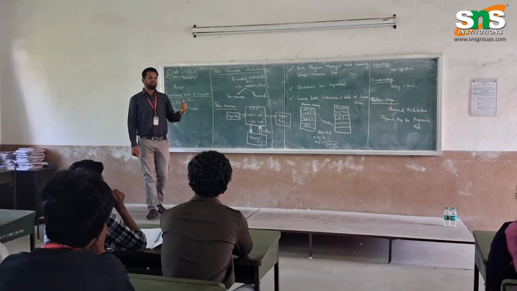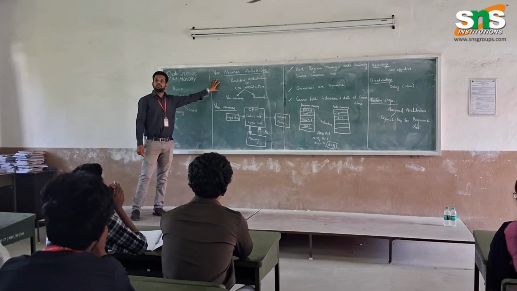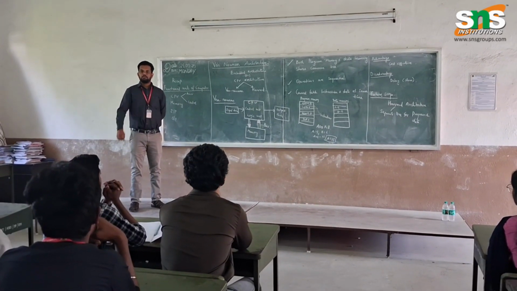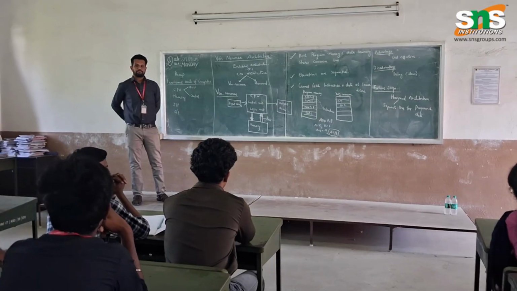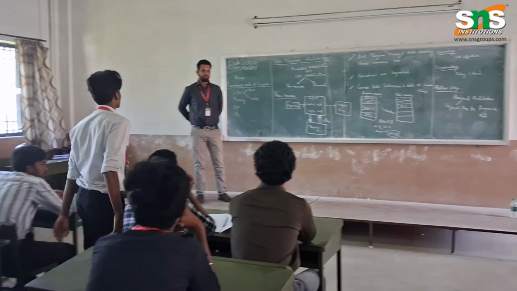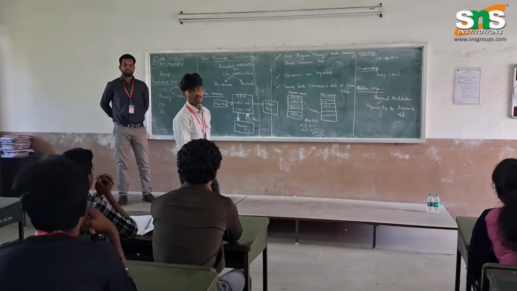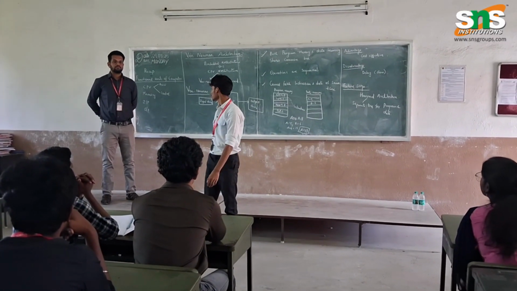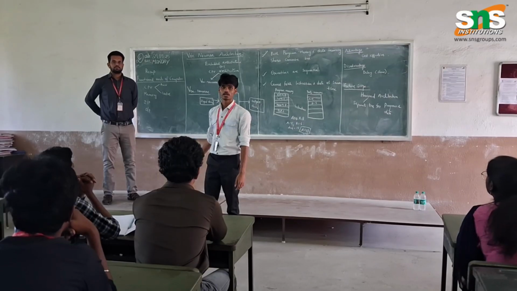Okay. So before going deep into the von Neumann architecture, we have some recap about the previous classes. In the previous class we discussed general topics like CPU, memory unit, input and output.